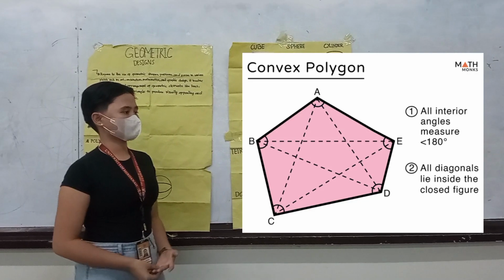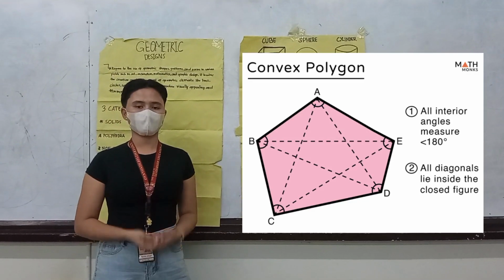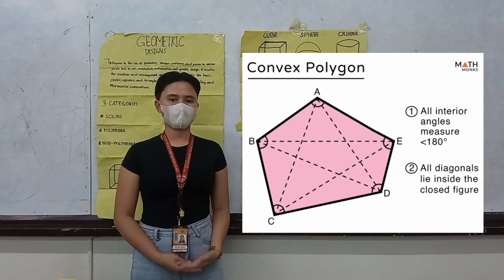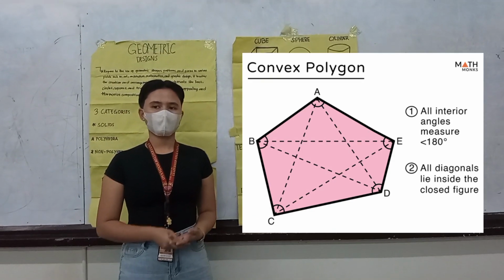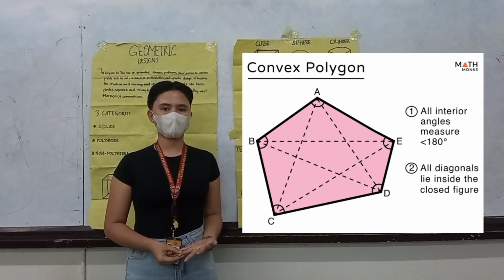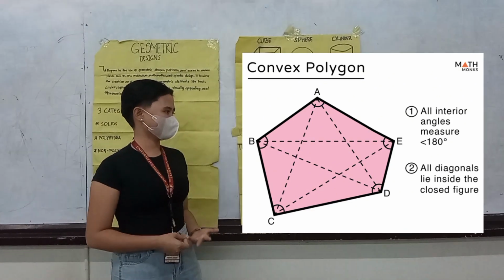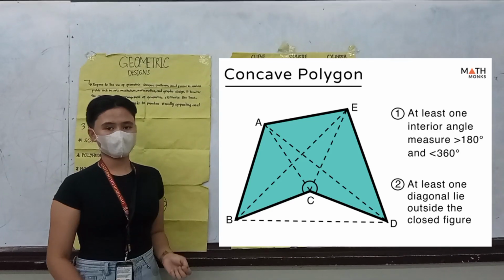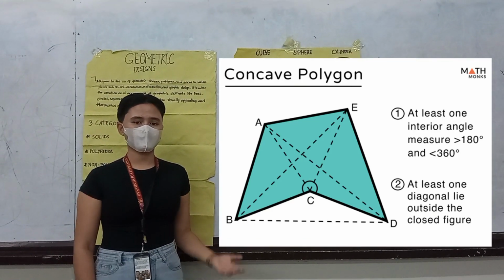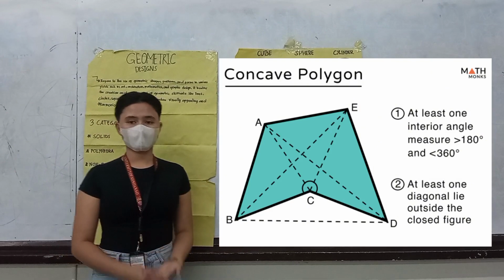A convex polygon is one in which all angles point outwards, or away from the interior of the shape. To be more precise, the internal angles of a convex polygon cannot exceed 180 degrees. Conversely, if a polygon has any internal angles greater than 180 degrees, then it is considered concave.